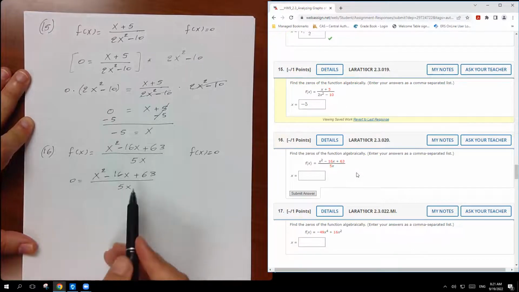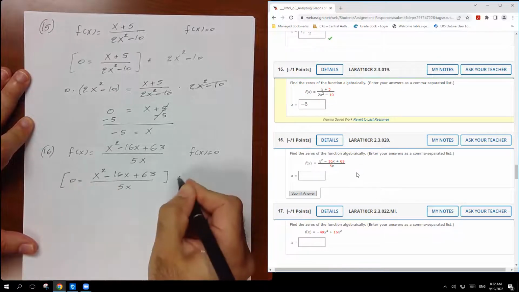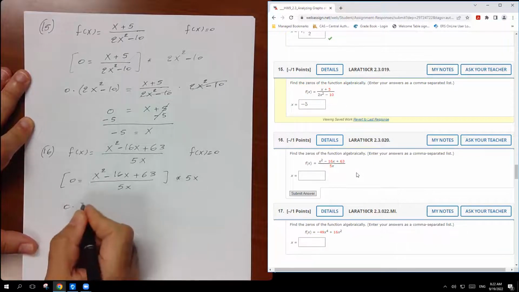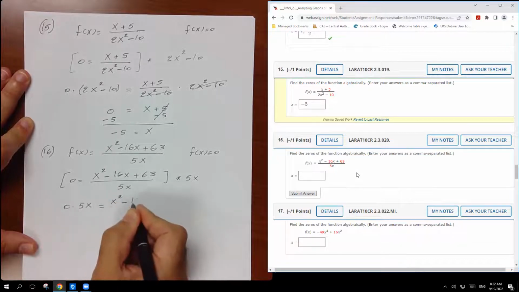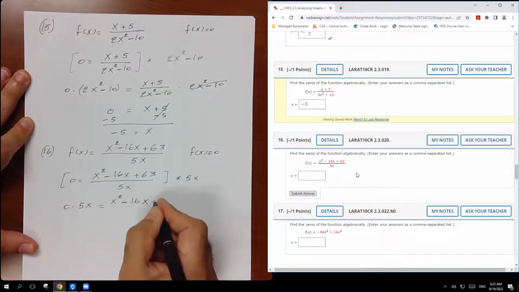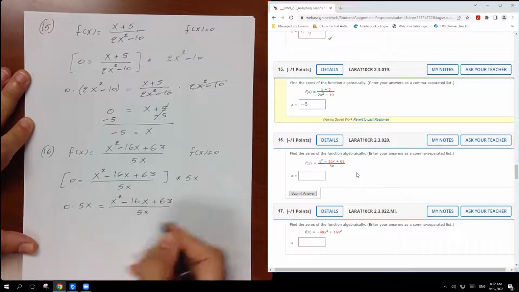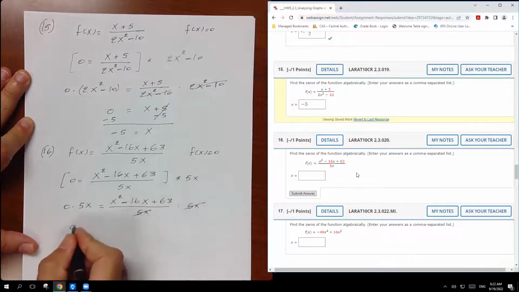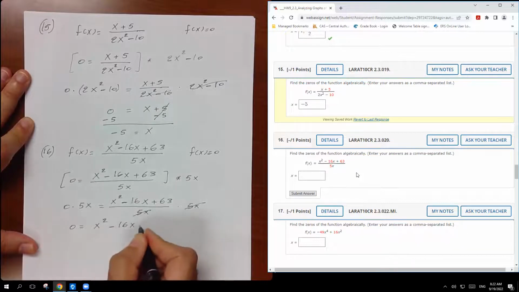Rational equations we solve by canceling the denominator, so I'm going to multiply everything by 5x. 0 times 5x equals x squared minus 16x plus 63 over 5x times 5x. We cancel those, so 0 times 5x is 0, equal to x squared minus 16x plus 63.